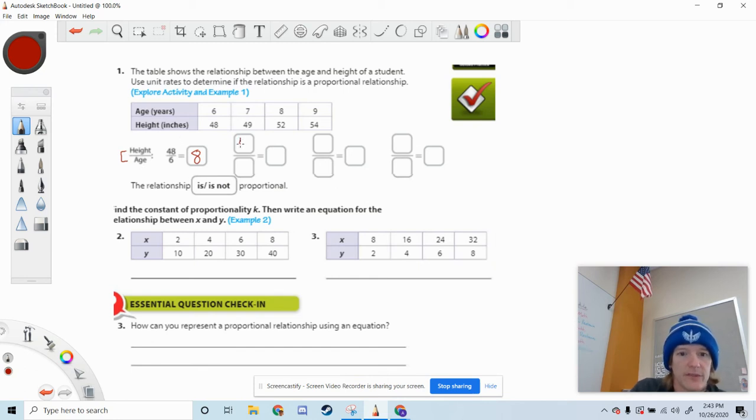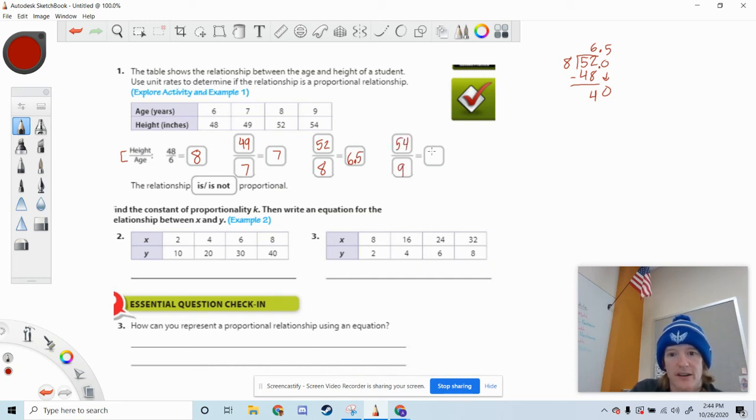The next one, 49 divided by 7 is 7. 52 divided by 8, well, I don't know, let's do it. 8 goes into 52 six times, that's 48. So that's 4, bring down a 0, 6.5.